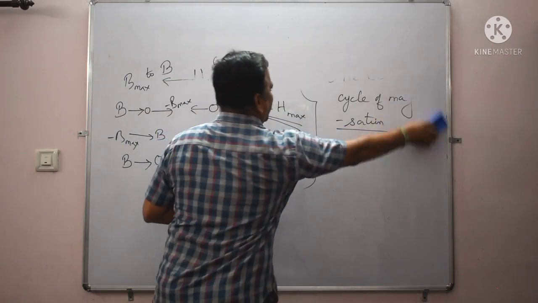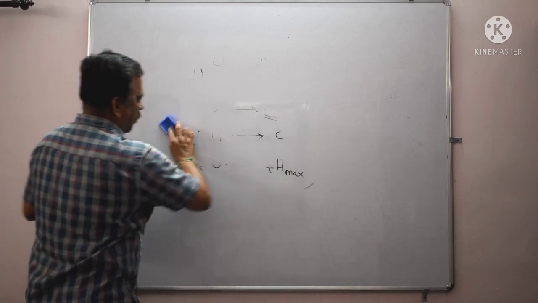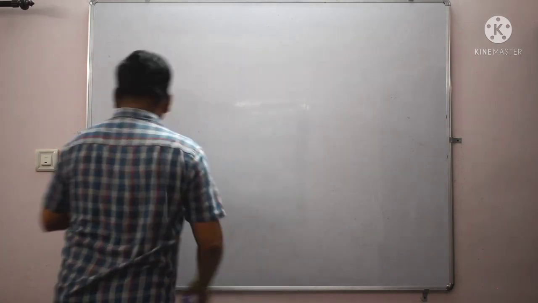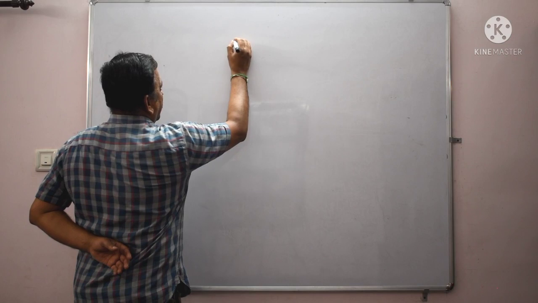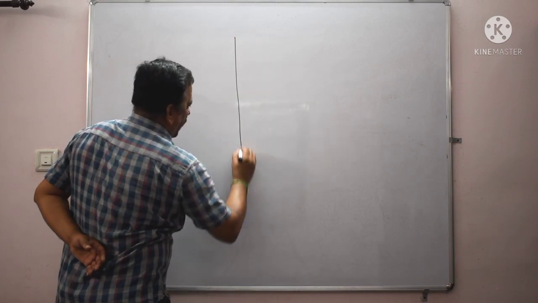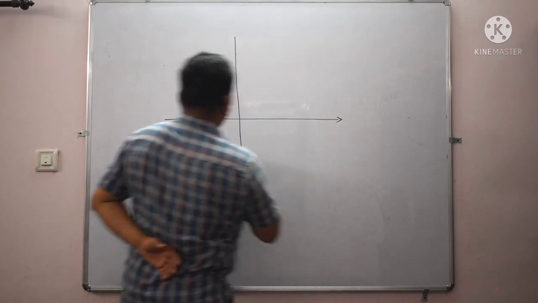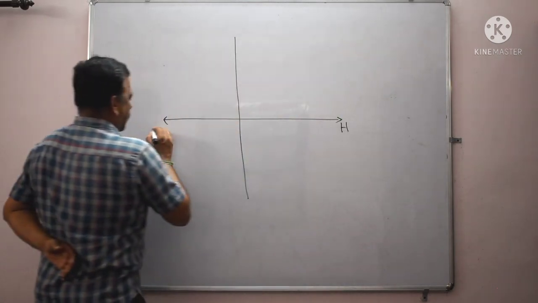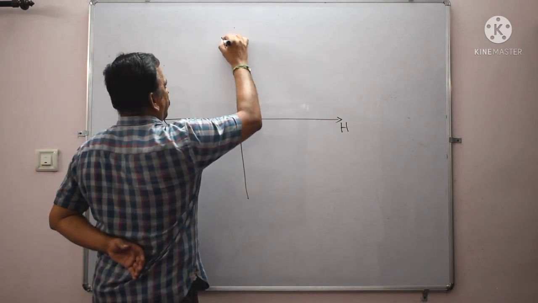Now this variation between H and B when plotted in a graph will look something like this. I will plot the graph, just listen, because it's a very important 5-mark question. So what I am going to do is take all the magnetizing field values along the x-axis and the magnetic field induced in the specimen along the y-axis.